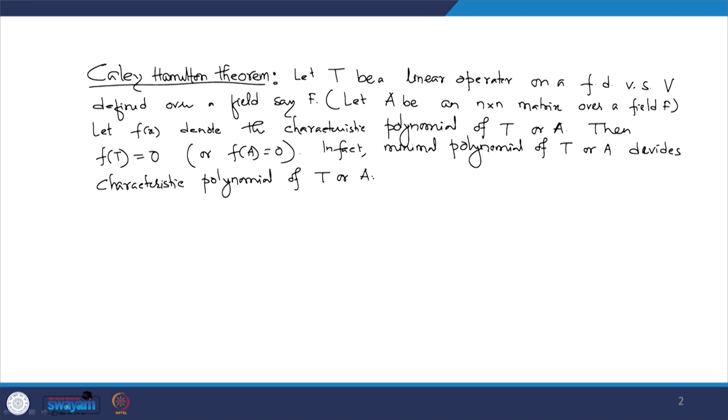So, the statement of the theorem is like this: say T is a linear operator defined over a finite dimensional vector space V, say for example the dimension of V is n, and let A be a square matrix over the field capital F. If V is finite dimensional of dimension n, here I will consider A as an n cross n matrix.